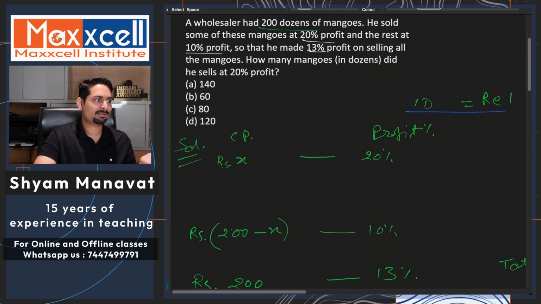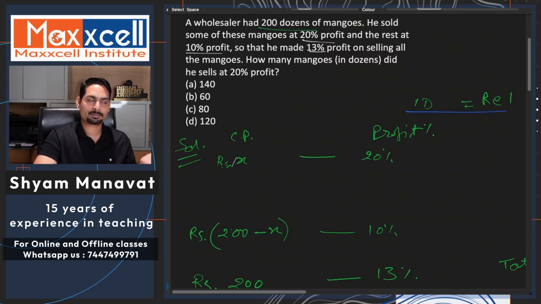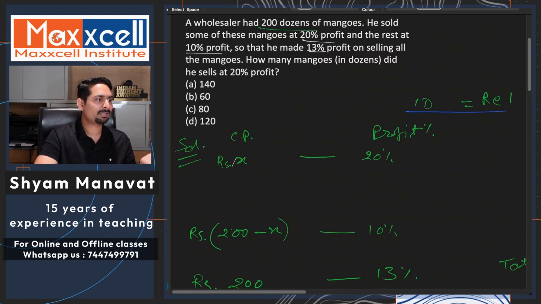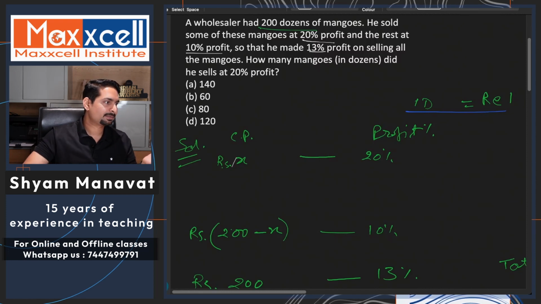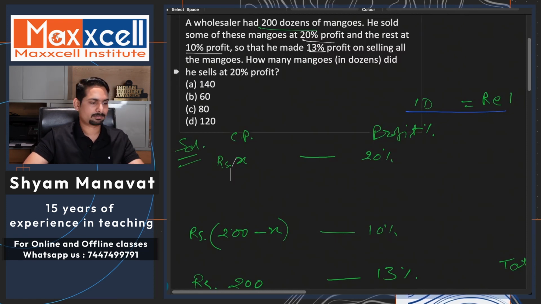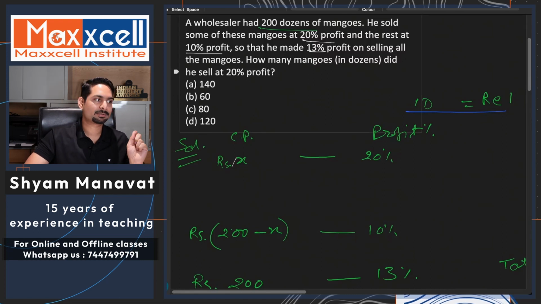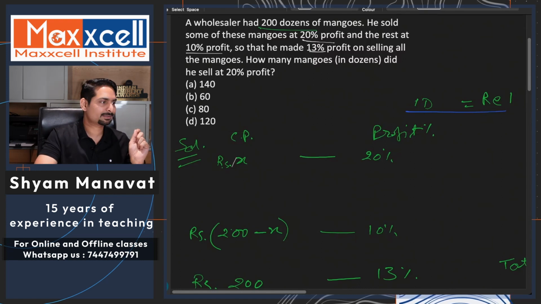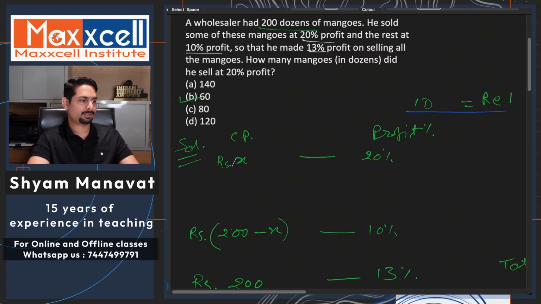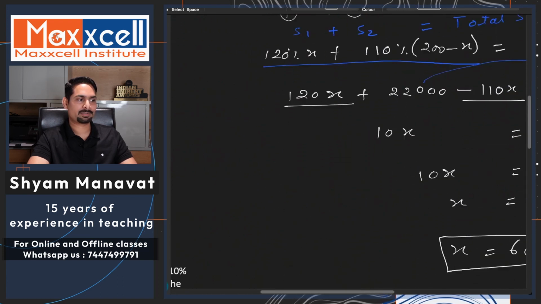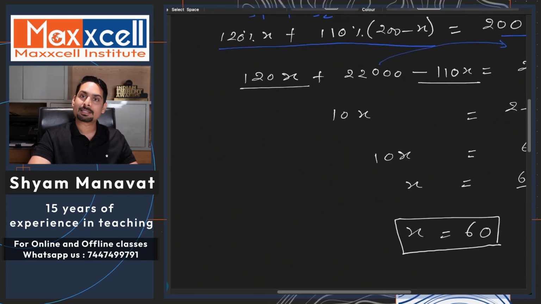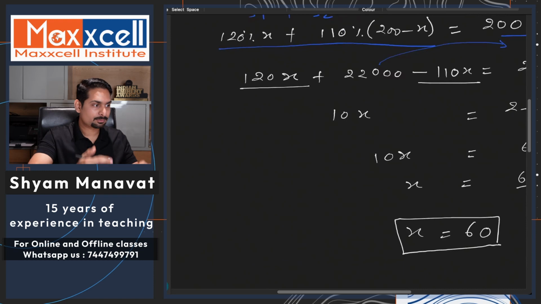But initially we assumed the quantity, that x quantity is sold at 20% profit, right? And the question said how many mangoes in dozen did he sell at 20% profit? So this is what we have assumed to be x. So now you can mark happily, proudly that 60 is the answer, because x is equal to 60 and that's what we have assumed to be the quantity which is sold at 20% profit.